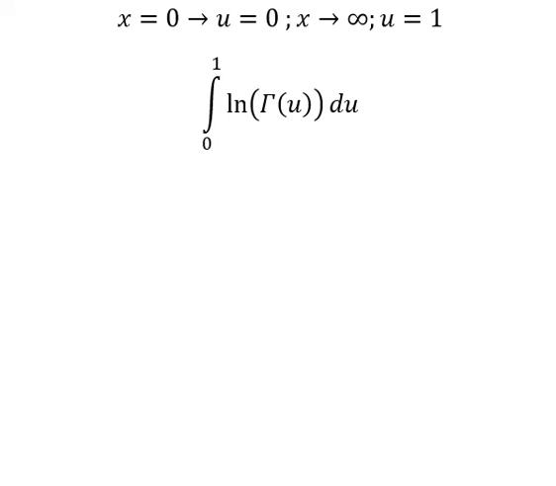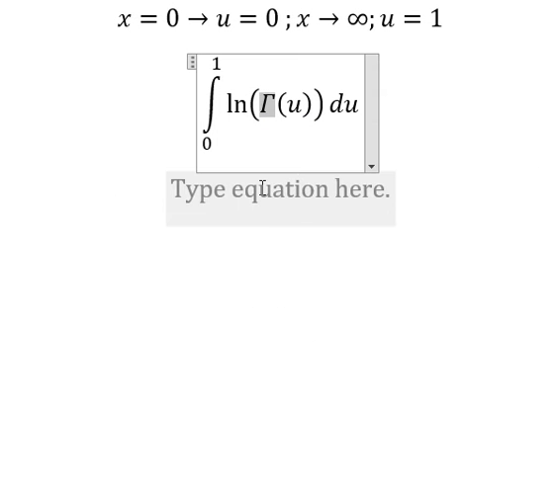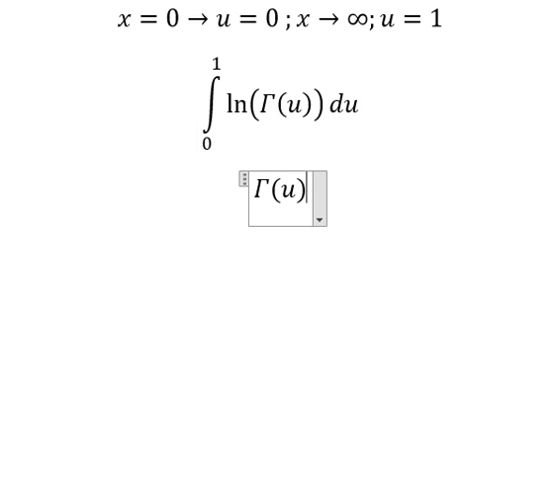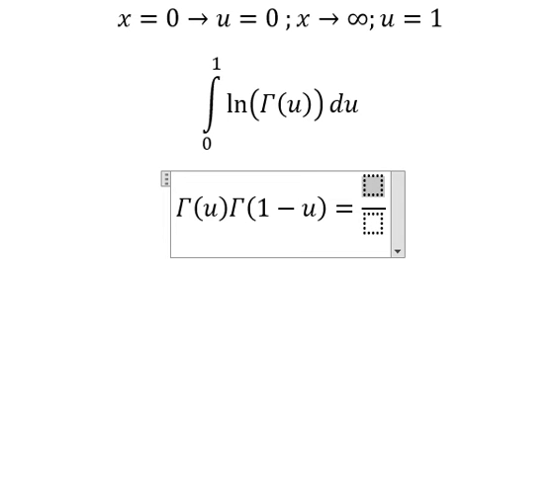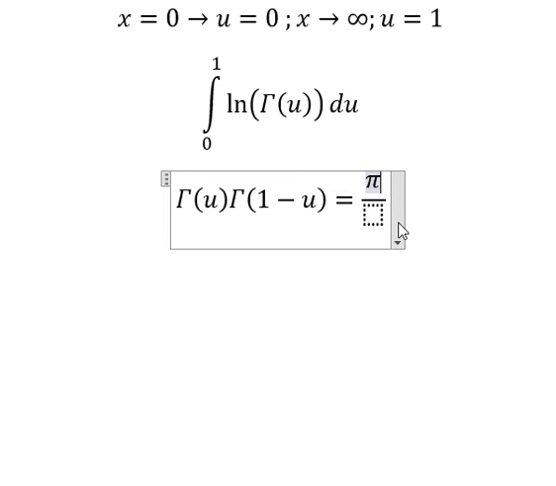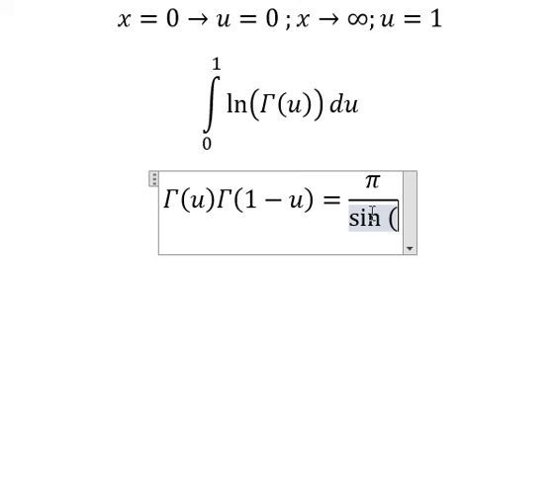We have gamma of u multiplied by gamma of 1 minus u equals to b over sine of bu.